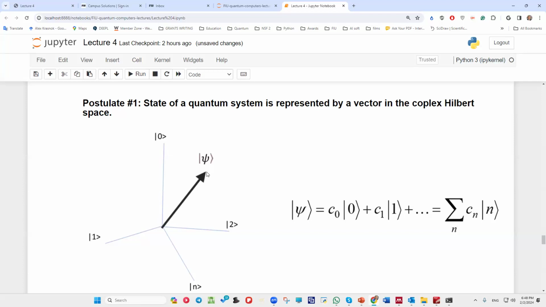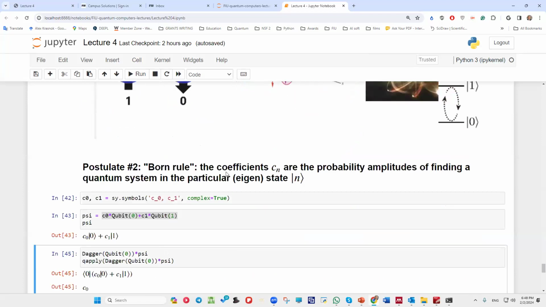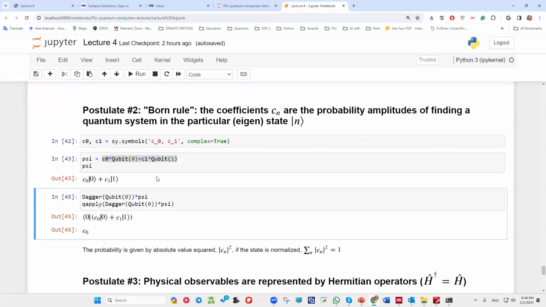Likewise, C1 is the projection of the psi vector on the eigenstate 1, and so on for all other eigenvectors. And we are working in the Hilbert space. So this is not just distance, this is complex distance or complex projection, because these C coefficients are complex valued.